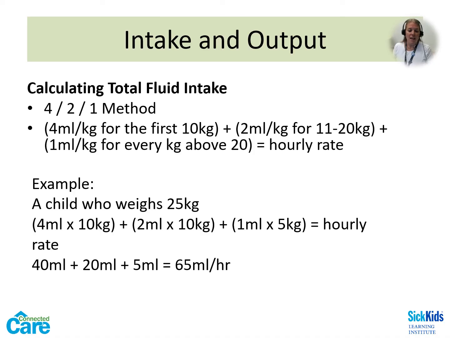We would add that to 2 milliliters for the next 10 kilograms, and then we would add 1 milliliter for the remaining 5 kilograms. That leads to 40 milliliters plus 20 milliliters plus 5 milliliters gives us 65 milliliters per hour as our goal total fluid intake.